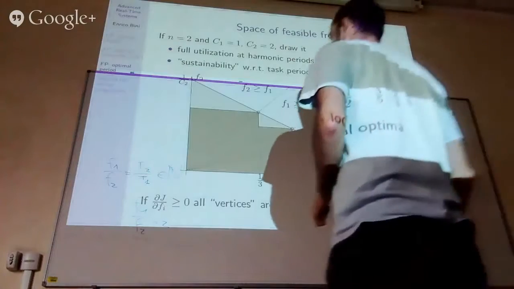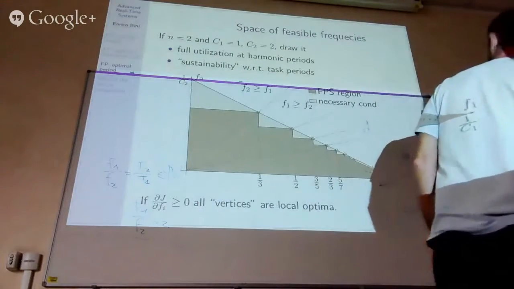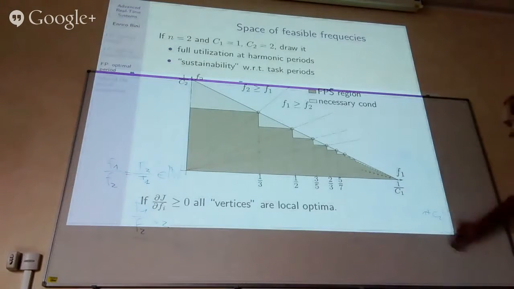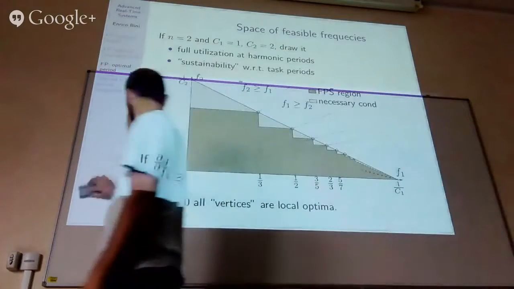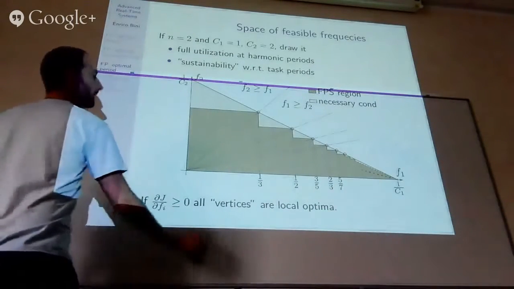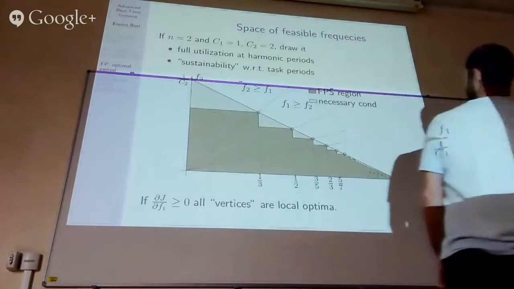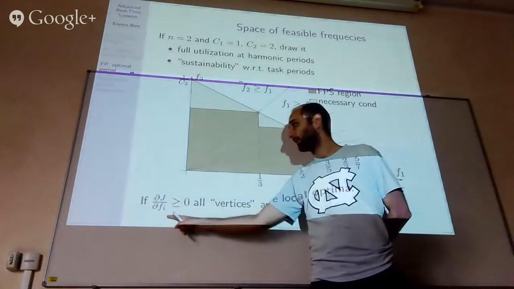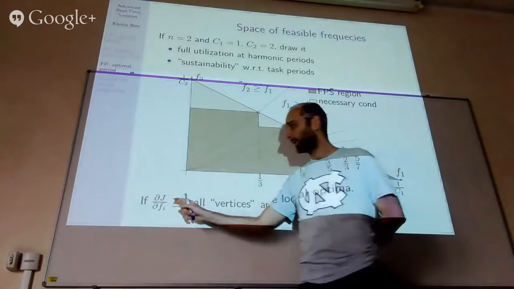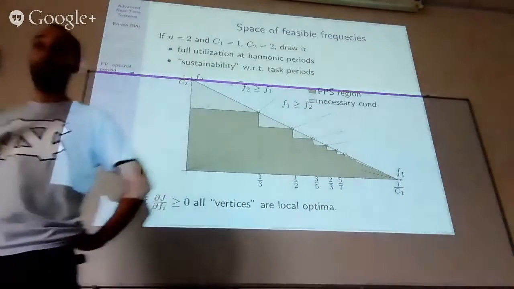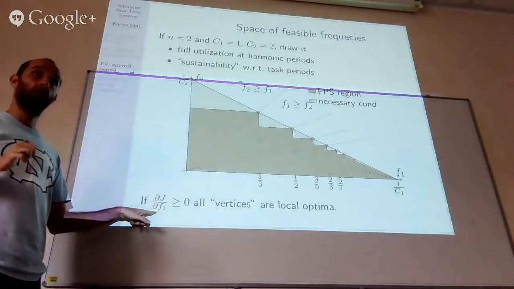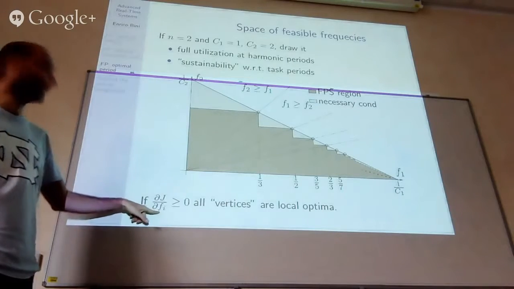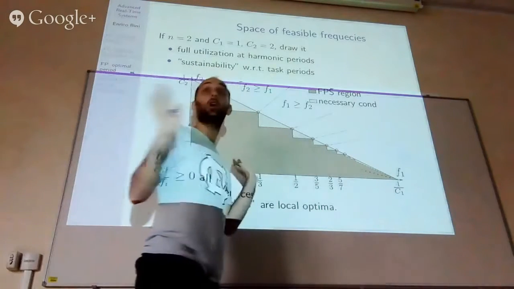Right, so basically we have this situation, which is somehow the same as what I drew. That's also another interesting observation. If we have this property of increasing performance per frequency, so if the performance is always increasing with respect to any task frequency, then all vertices are local optima.